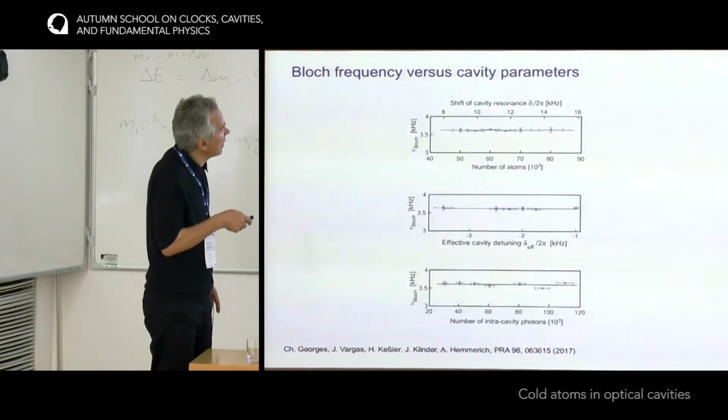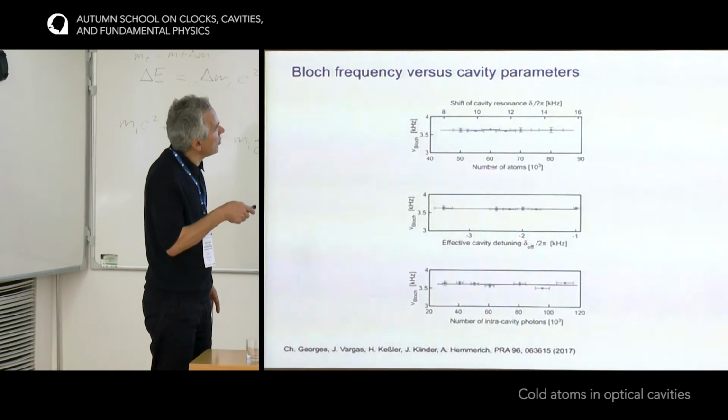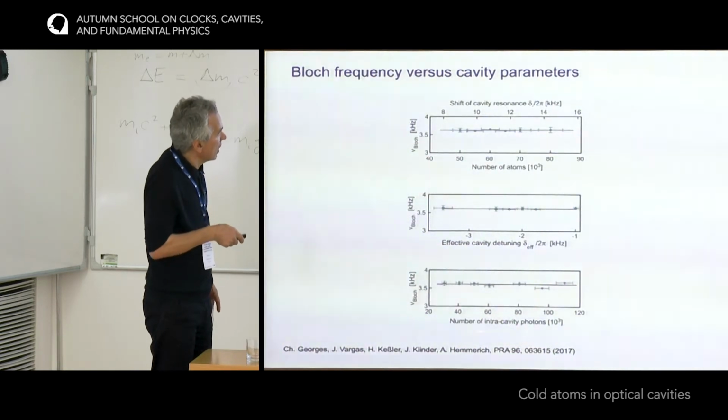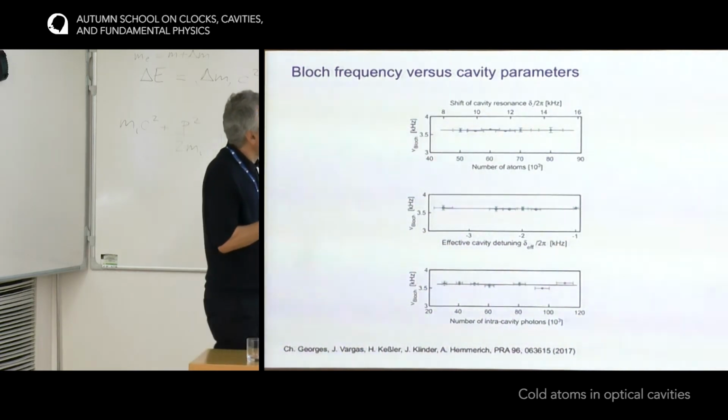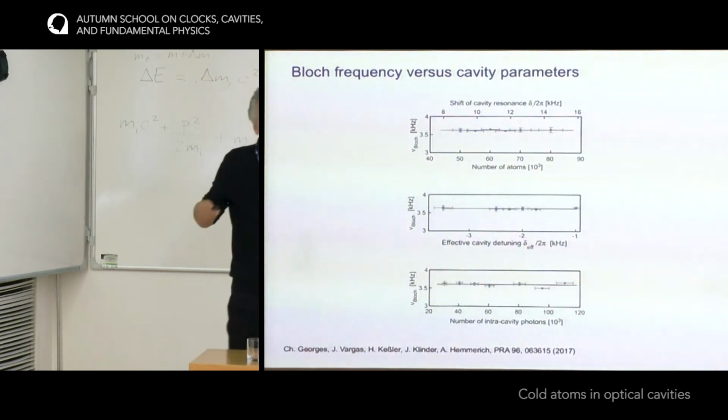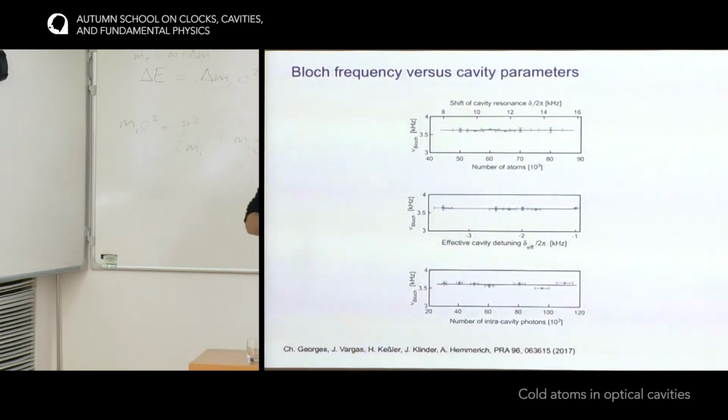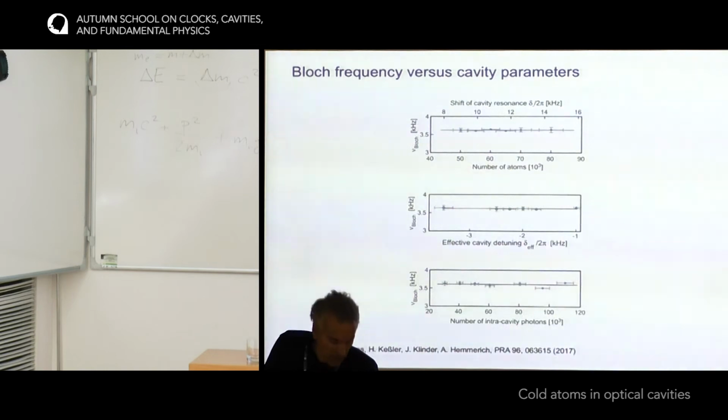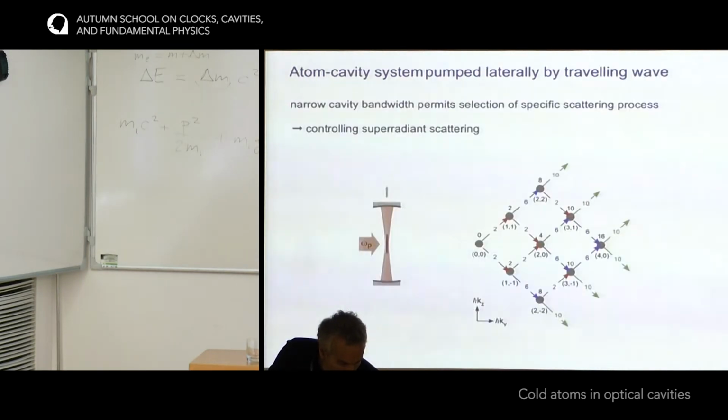We've changed the effective cavity detuning, or the number of atoms, or the number of intracavity photons, and the Bloch frequency, as far as we can see in our experiments, does not depend on that, like the theorists have predicted. But as I also said already, we cannot be very precise in our measurements. So this is something that the people who want to use that in a real metrology experiment would have to check. How well is that really fulfilled?